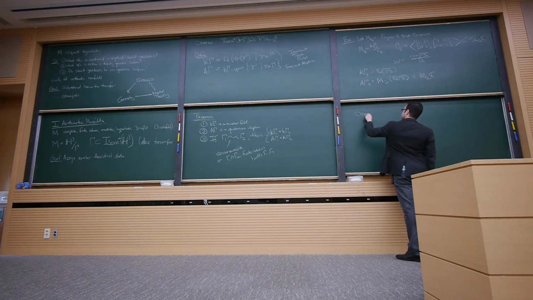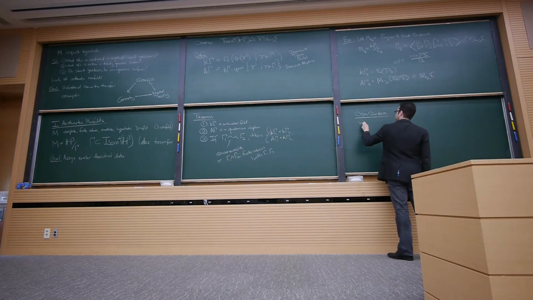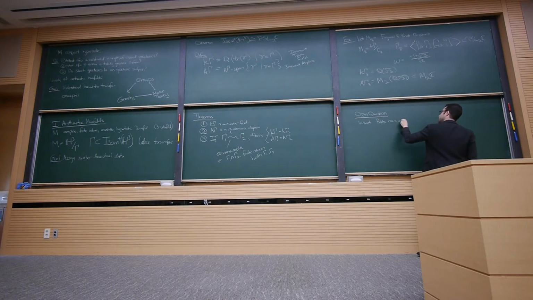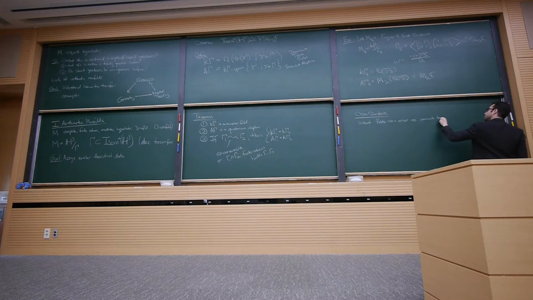So, open question: what fields can arise as invariant trace fields for gamma of that type?